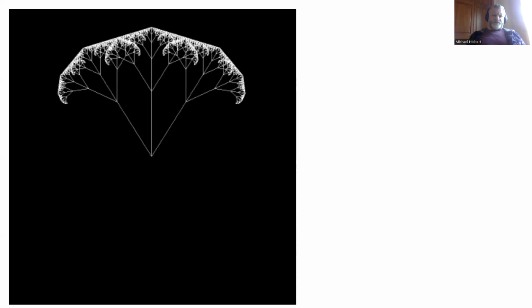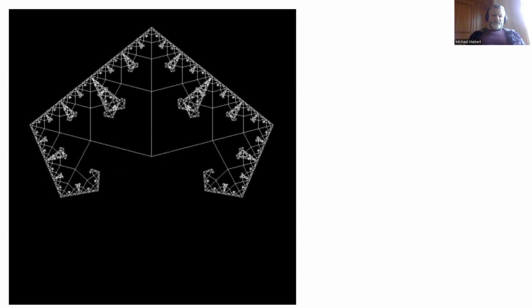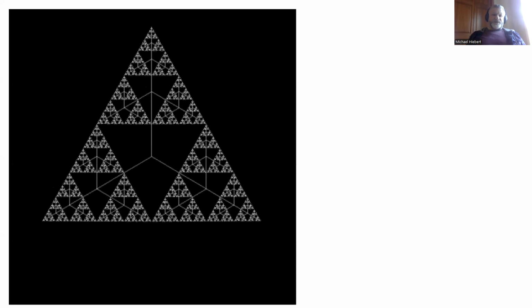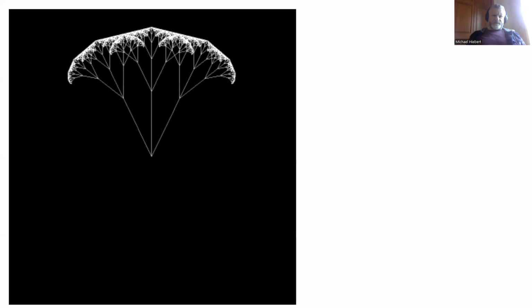It seems like these fractal structures and the attractors behind them serve as a blueprint for creation, a blueprint for the natural world.